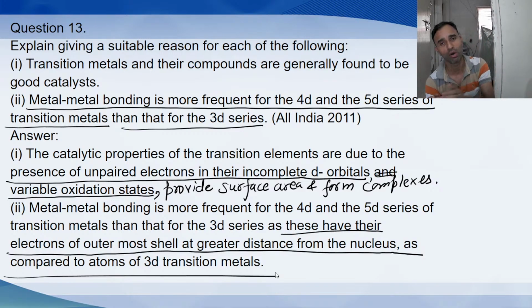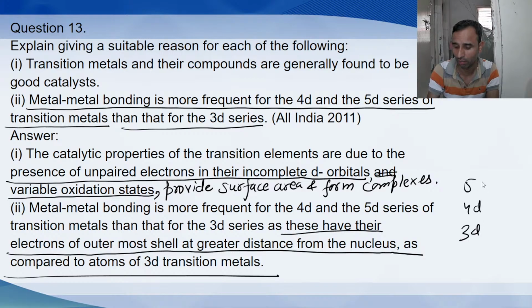As we go down the group, size is almost the same, but because nuclear charge is increasing, electrons are, say, in the 3D series, this is 3D, 4D, 5D. This is the nucleus.